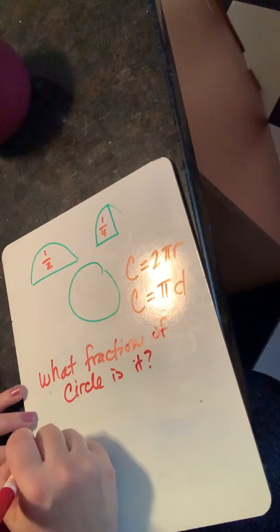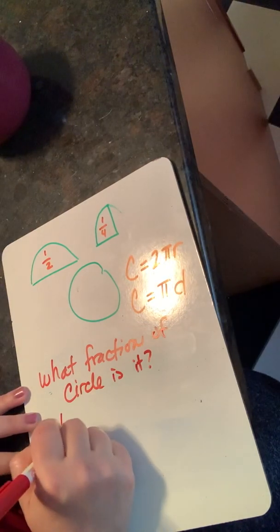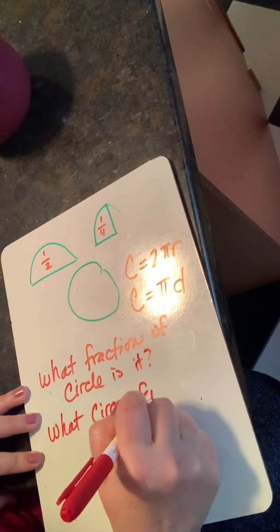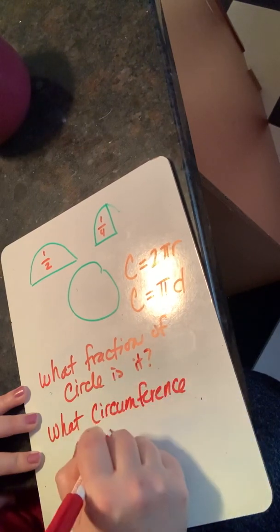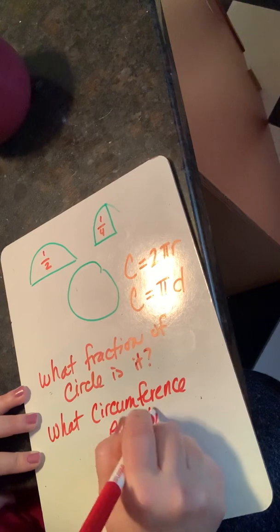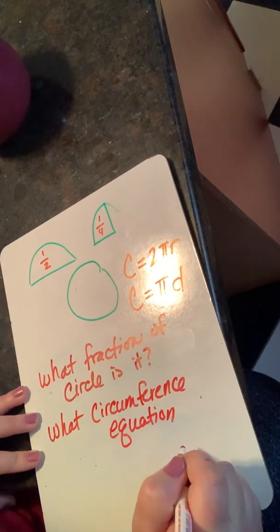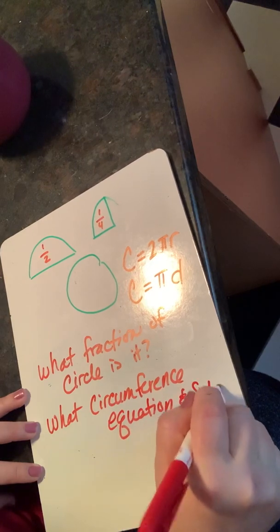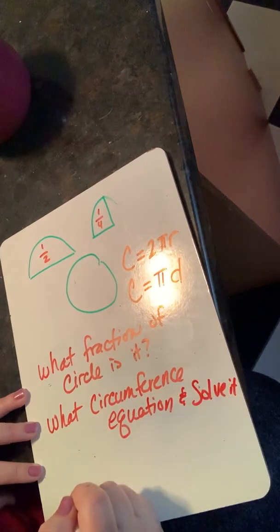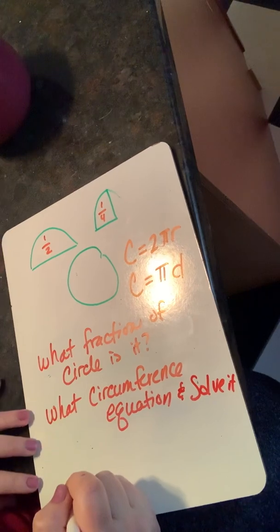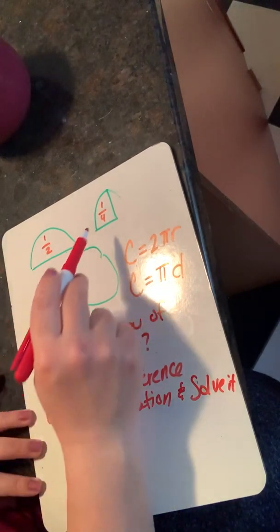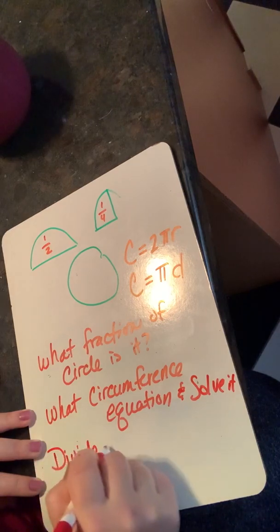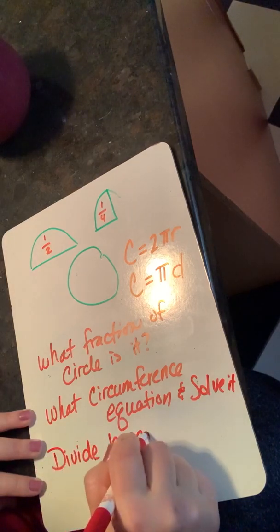Then you have to decide what circumference equation you're going to use. You have to solve your equation. And then you have to decide, am I dividing by 2 or am I dividing by 4? So you're going to divide based on your shape.